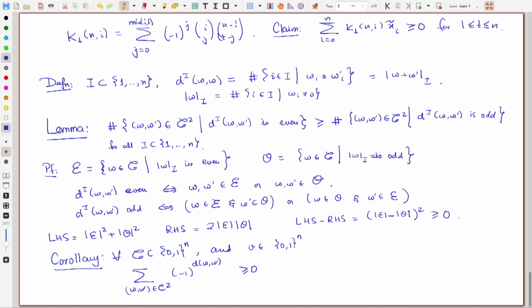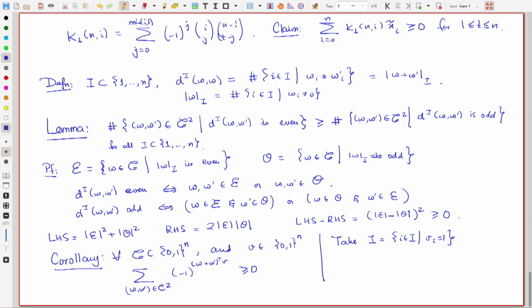I will just tweak this a little bit. I have this vector v, I will think of it as a vector in F_2^n, and I will say (w plus w') transpose v. So, if v were actually equal to all ones, then this would be exactly that, but this is also true in general, and this is just because you take I to be the set of i such that v_i is equal to 1, then this is precisely what you get.